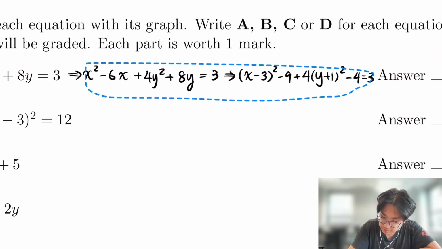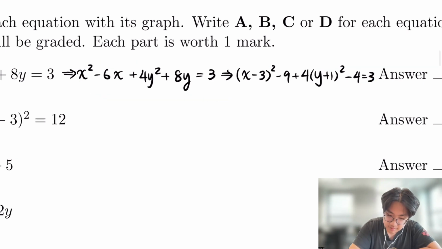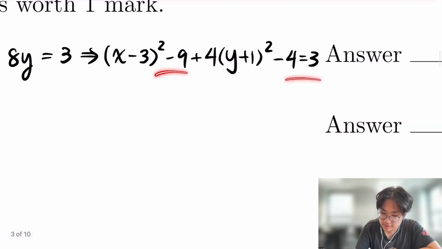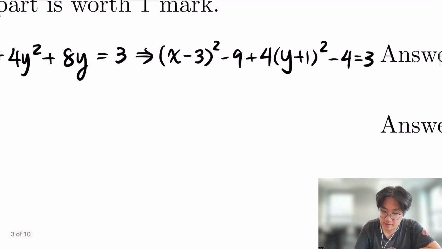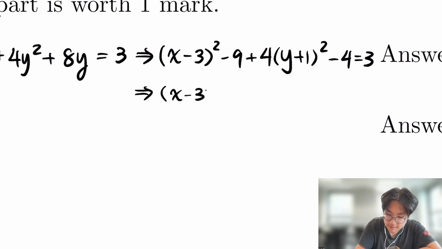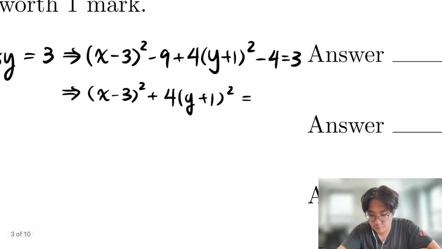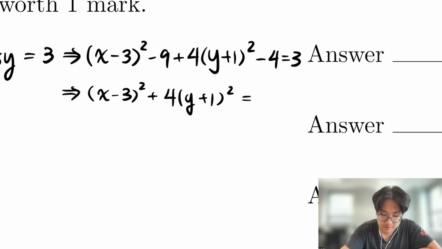Let me move this over a bit. Okay, and then from here, we can just simply add 9 and 4 to both sides. What you're left with is x minus 3 squared plus 4 times y plus 1 squared. Then you add over the 9 and the 4, and you should get 16, right? 9 plus 3 is 12, plus 4 is 16.